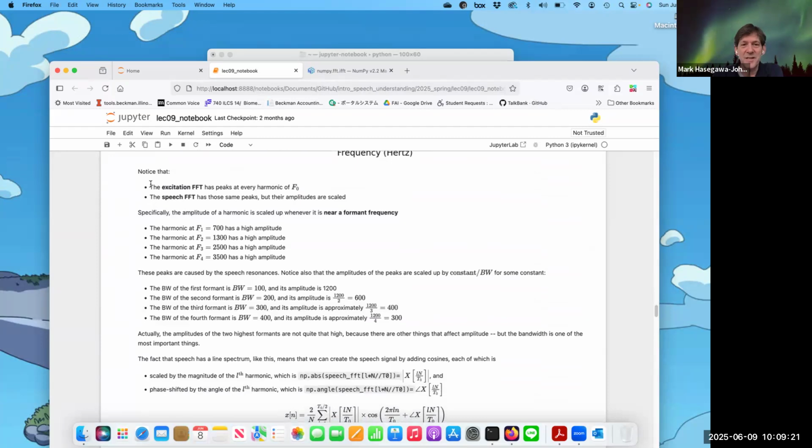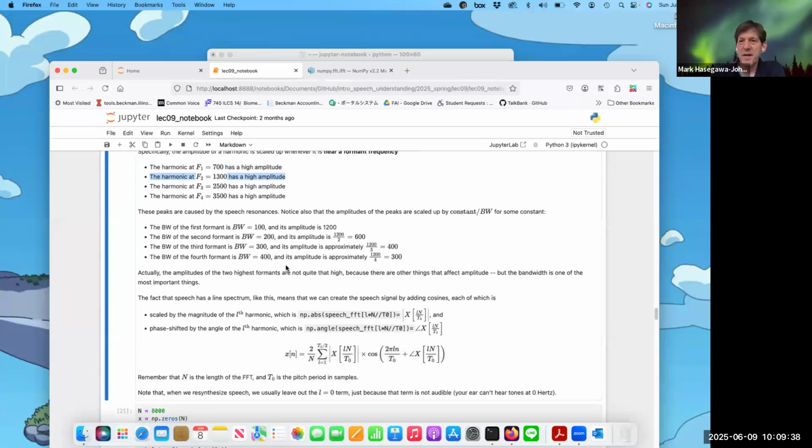The excitation FFT has peaks at every harmonic of F0. The speech FFT has all of those same peaks, but their amplitudes have now been scaled. Specifically, the harmonic at F1 has a high amplitude, the harmonic at F2 has a high amplitude, and so on. Those peaks are caused by the resonances. And notice also that if the bandwidth is smaller, the peak amplitude is higher.